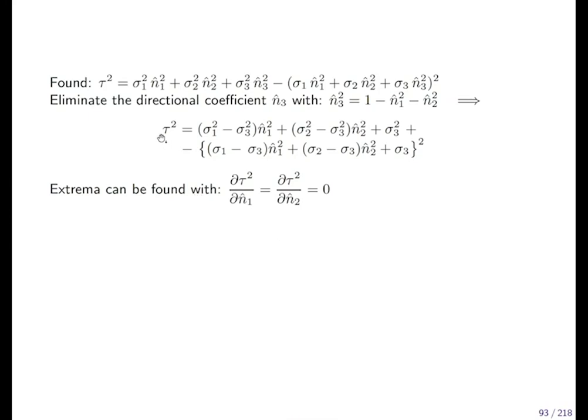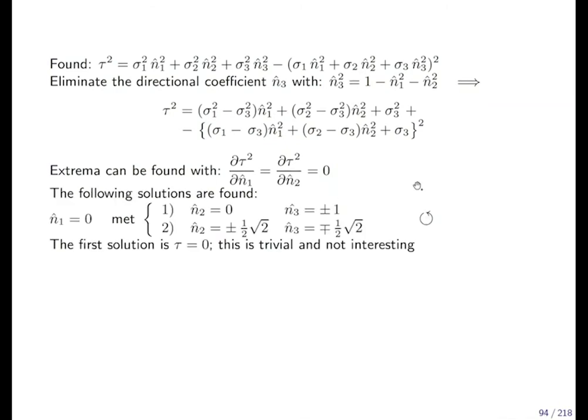Then you find an equation for tau squared, and the extreme values of such an equation you find by taking the first derivative with respect to the unknown n, which is the direction. So which direction is this? We want to know, and for tau squared, if the derivative is 0, then we know we have mathematically identified an extremum, a maximum or a minimum actually.